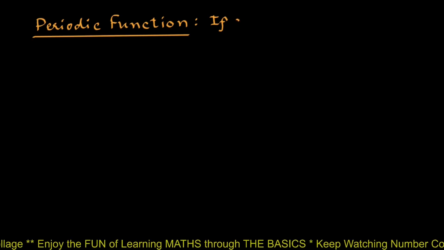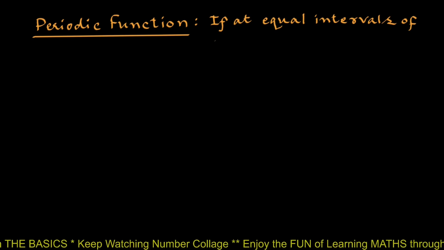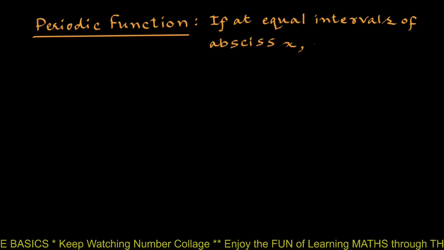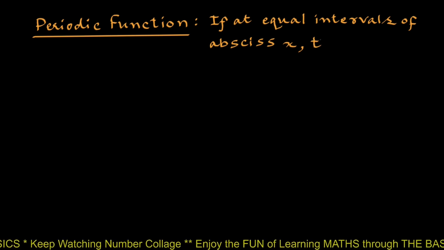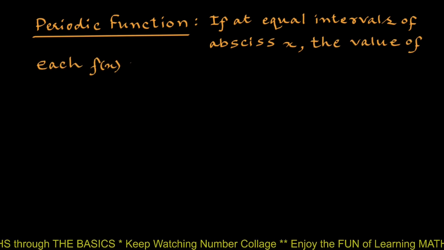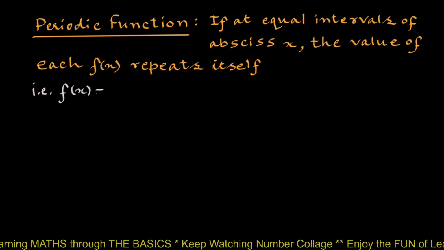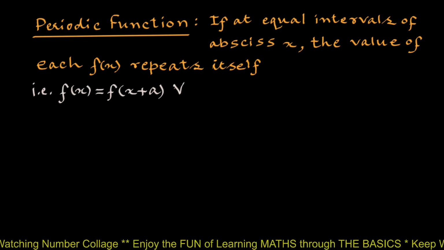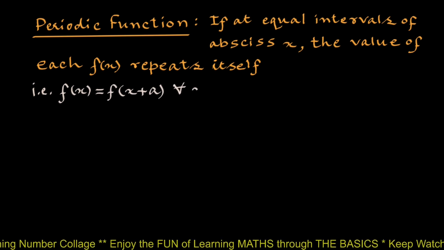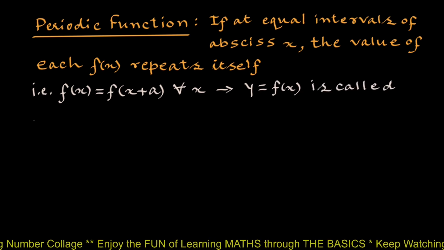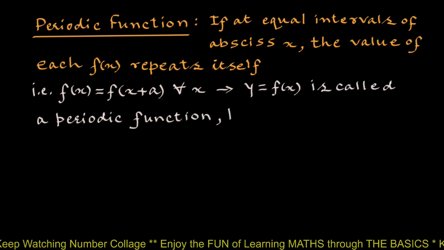Let us understand what is periodic function. If at equal intervals of abscissa x, that is x coordinate, the value of each f(x), that is y coordinate, repeats itself, that is f(x) is f(x plus a) for all values of x, then y equals f(x) is called a periodic function having period a.